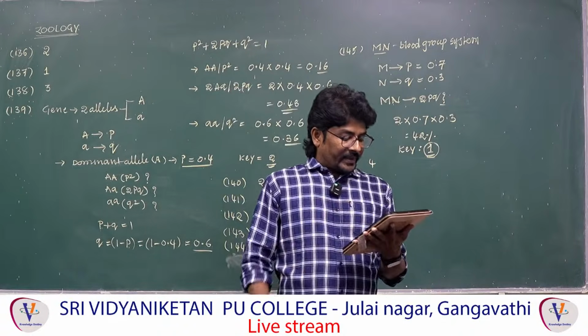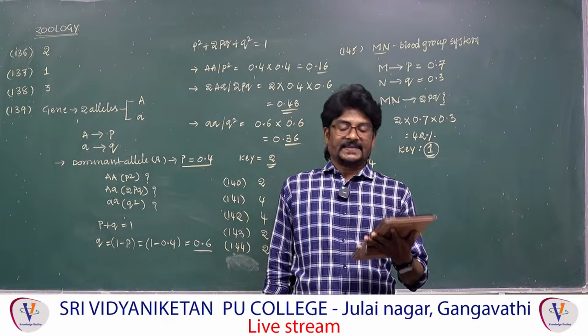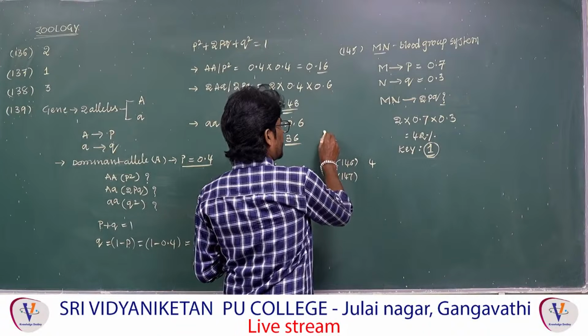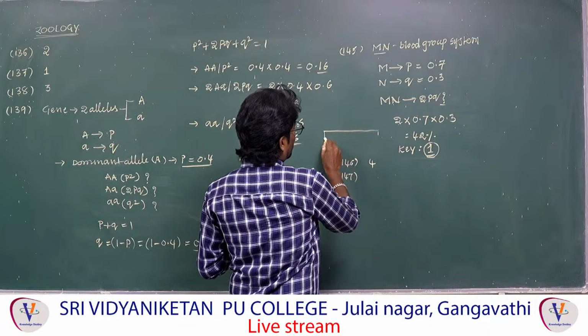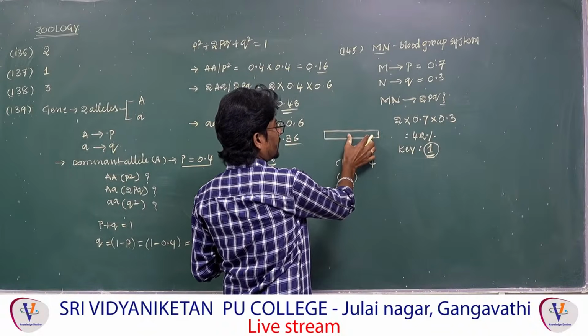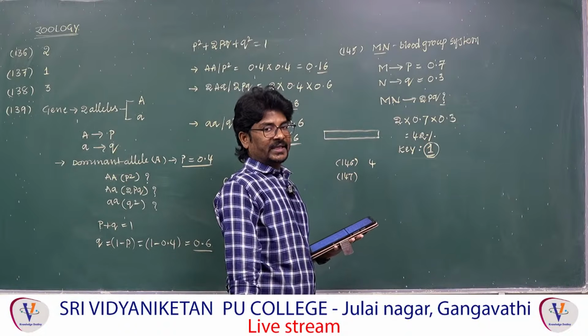Question number 147: the age pyramid with a broad base. If you take the age pyramid, the first box, the broad base, is pre-reproductive individuals, nothing but young individuals, the 1 to 16 years age group.